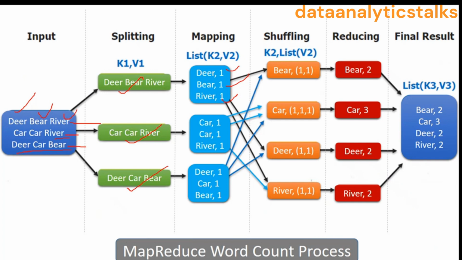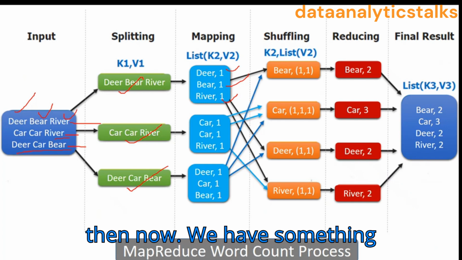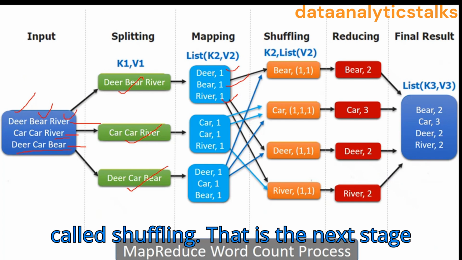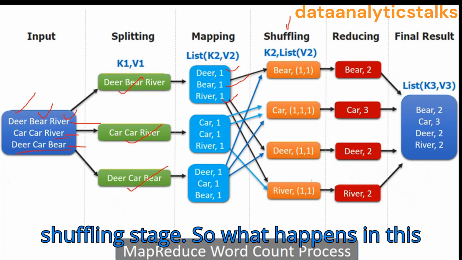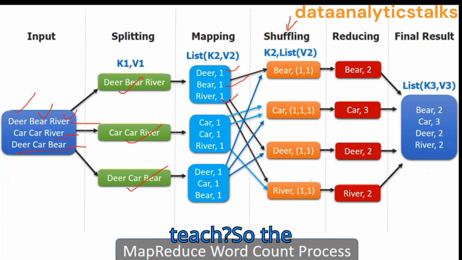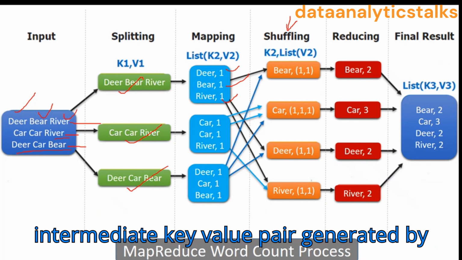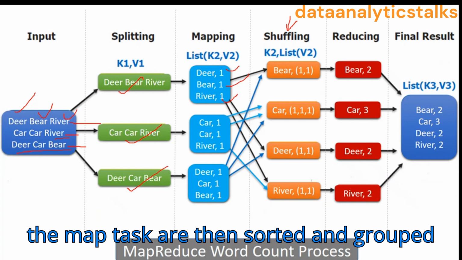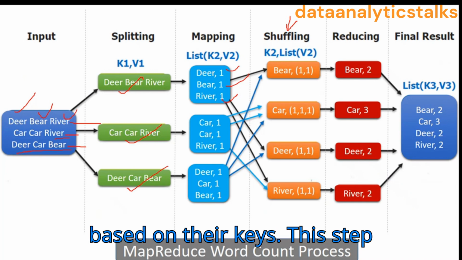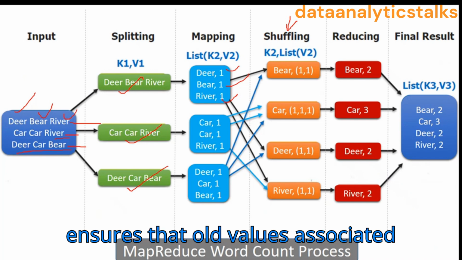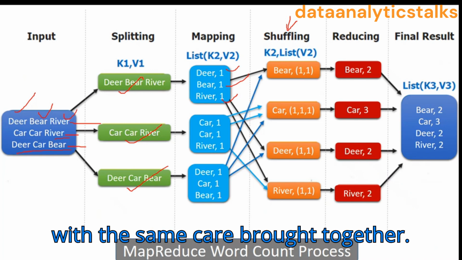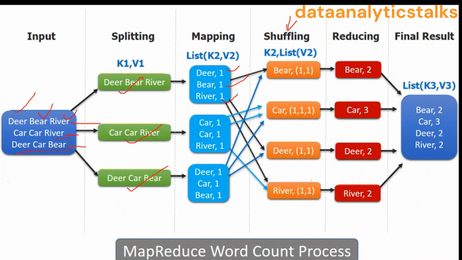Okay. Then we have something called shuffling. That is the next stage, the shuffling stage. So what happens in this stage? The intermediate key-value pairs generated by the map tasks are sorted and grouped based on their keys. This step ensures that all values associated with the same key are brought together.